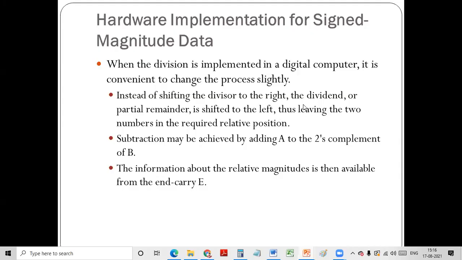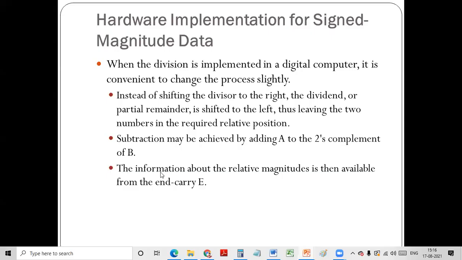This is the first change. And the second change: subtraction may be achieved by adding the 2's complement of B to A. So how can I perform subtraction in a computer? I will add the 2's complement of the divisor to the accumulator so that subtraction can be carried out.